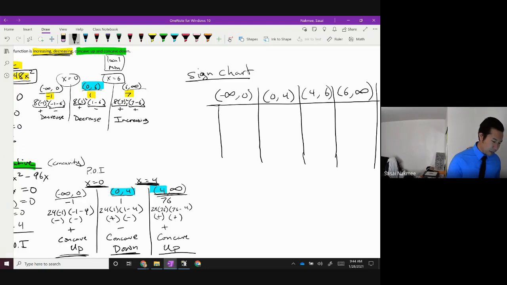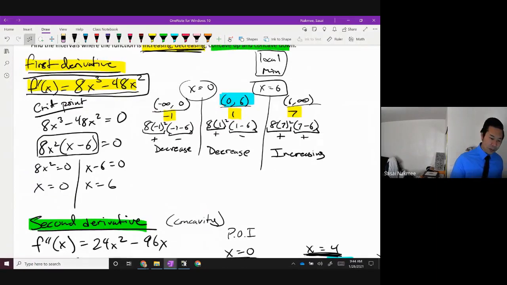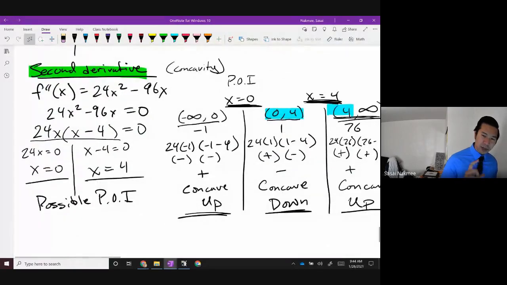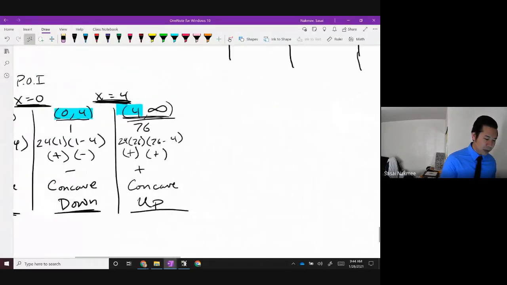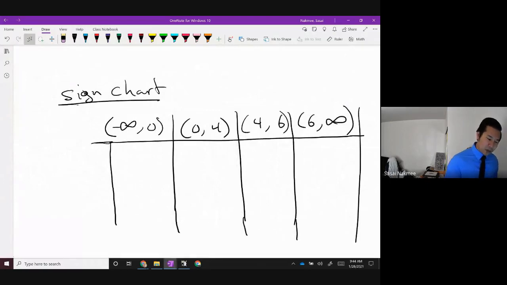So here's the thing. On the first derivative, I know my interval is going to be from 0 to 6. On my second derivative, the interval I'm focusing on is from 0 to 4, right? So I put 0 to 4 up there, right? But then I don't go straight from 0 to 4, then go to 4 to infinity, right? I still need to look at the interval between 0 and 6, right?